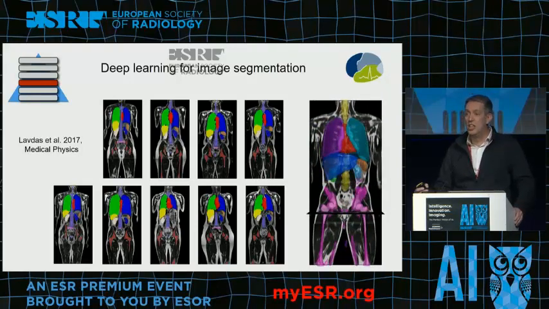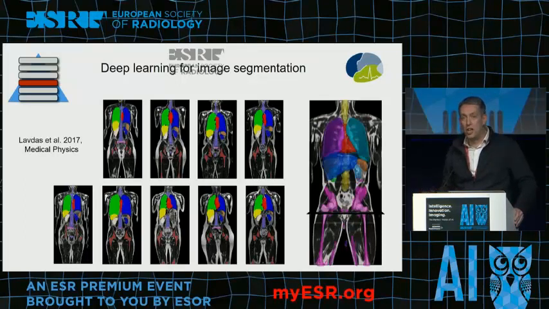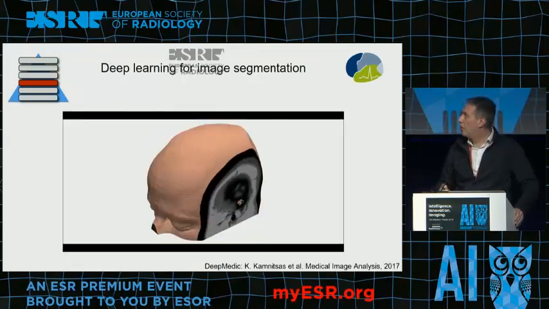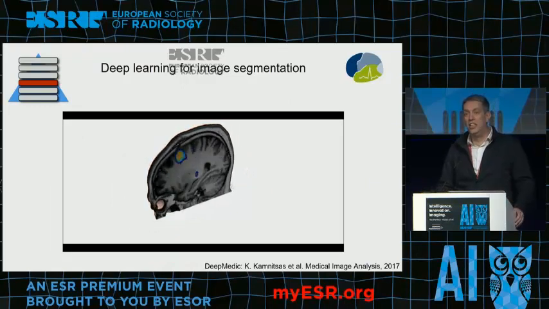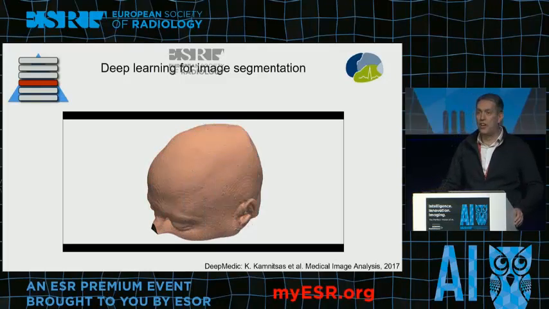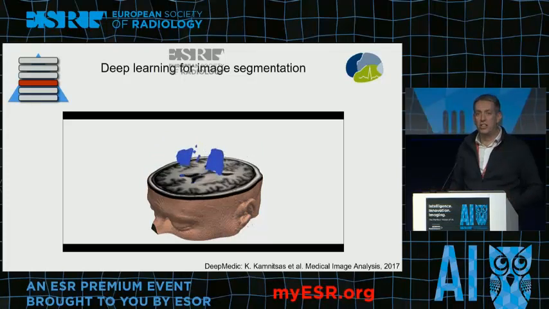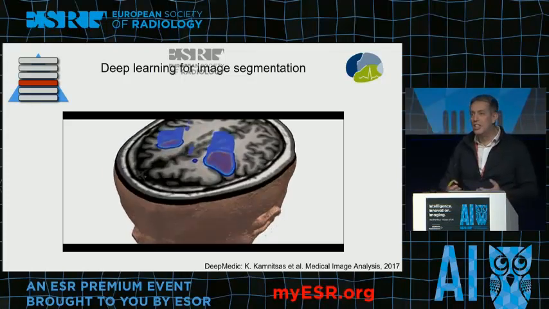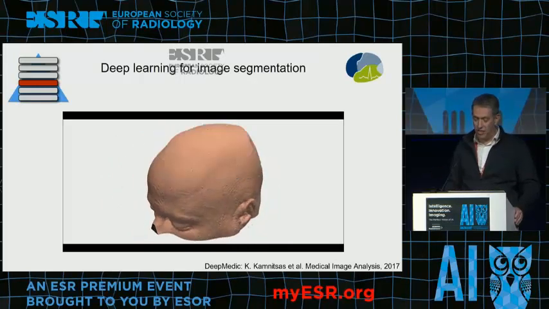So we now have a very versatile approach, because if we retrain our system with new training data, we can move to, for example, whole body MRI, or in this particular case, we can segment brain lesions in patients with traumatic brain injury, very reliably. So we can use the same methodology, and I think that's a very powerful approach. We no longer have to develop a custom-built solution for every single image data set.